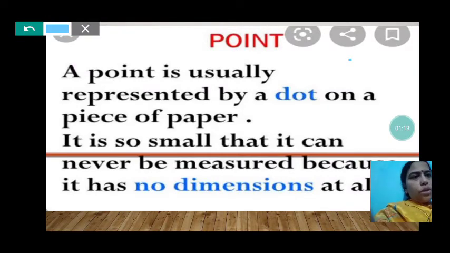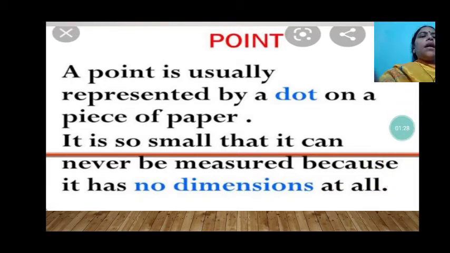Suppose I have drawn a dot here, and I say that this is a point. It is represented by a dot, and it is so small that we can't measure it. It can never be measured because it has no dimensions at all.